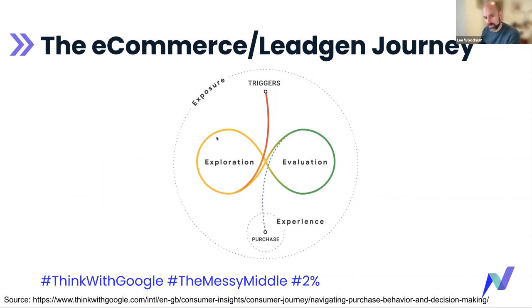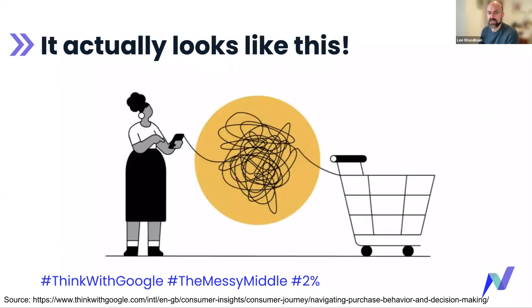So there's a lot of exploration and evaluation before purchase. Now, the reality of what this looks like is more like that. There's a lot of noise happening for consumers throughout that journey.